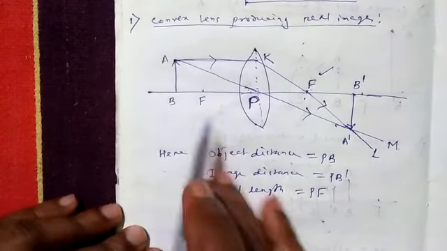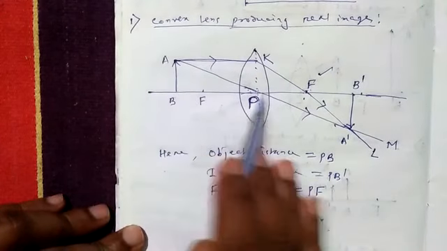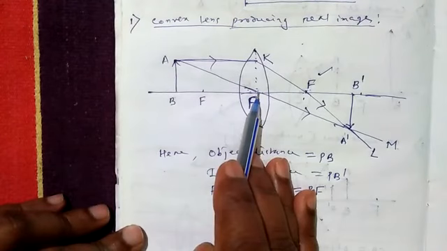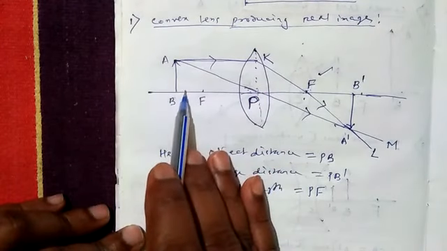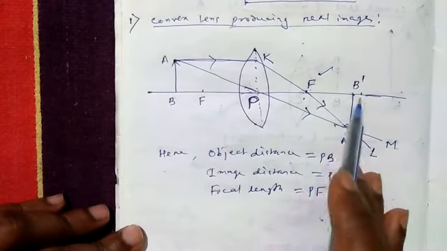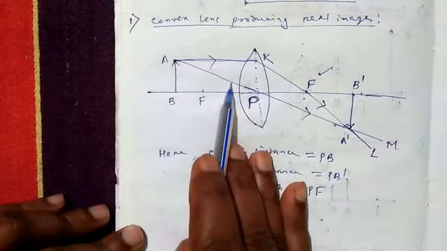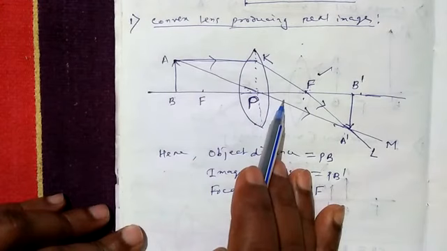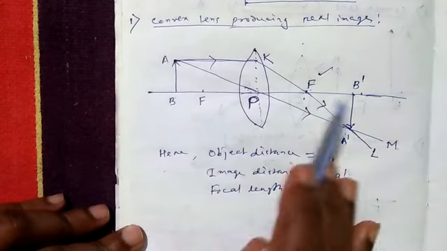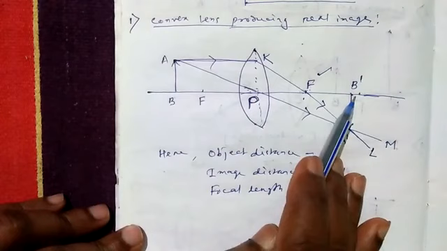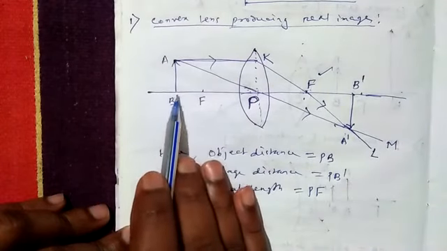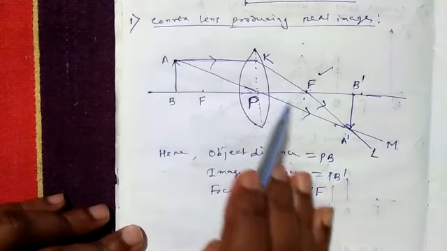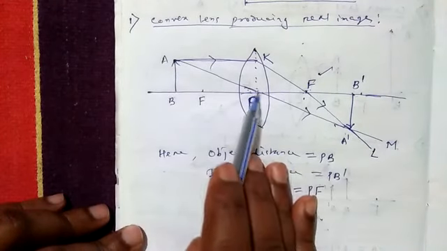Now let us see triangle ABP and triangle A dash B dash P are similar, because angle B is 90 degree, angle B dash is 90 degree, and this angle is equal to this angle, opposite angle. APB angle is equal to A dash P B dash angle. So obviously BAP angle will be equal to B dash A dash P angle.